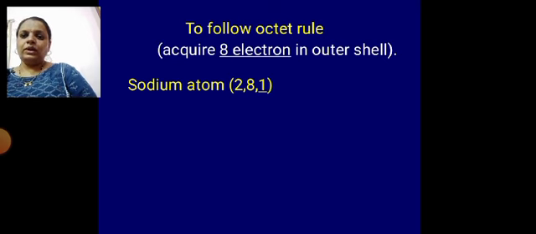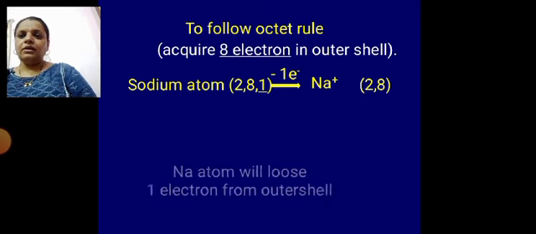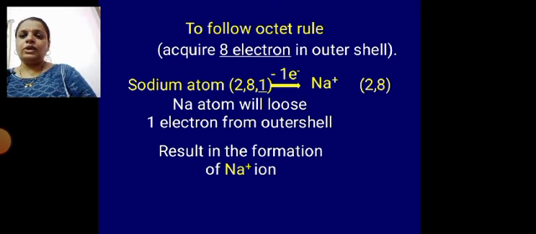To lose one electron, right? So it will lose one electron, resulting in the formation of the sodium plus ion. The sodium atom has one electron in its outermost shell, and it loses that electron, resulting in the formation of the sodium ion.